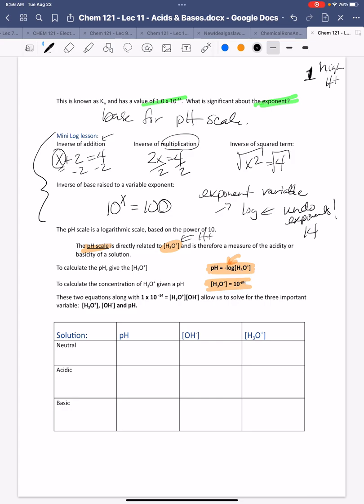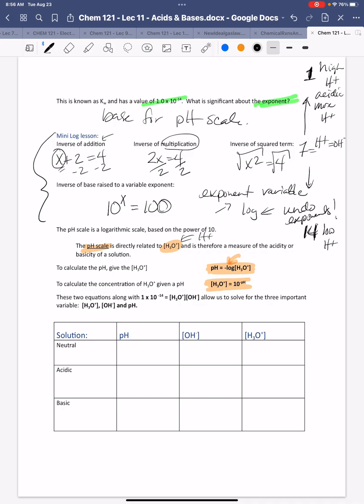And when I have something down here on the 14, I have a low H plus concentration. And when I'm in the middle, I have H plus concentration equal to OH minus concentration, and that's what makes it neutral. So as I go this way, I get more H plus, which makes it acidic.